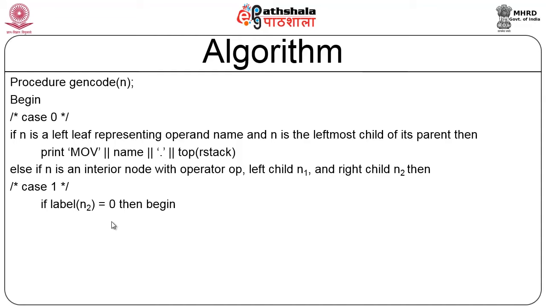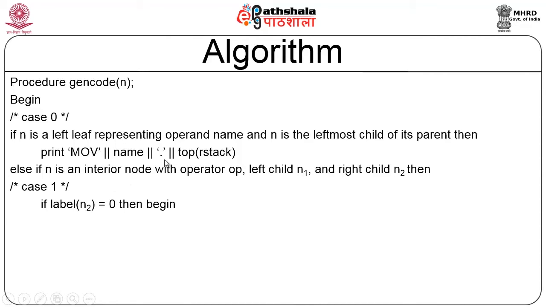We already assigned the labels to N1 and N2 such that if N1 is a left child and a leaf, you assign a value of 1, and if N2 is a right child, you assign a value of 0 if it is a leaf node. So that results in an interior node, the last but one interior node, being computed with just one register. That is the reason we go to case 1 on the label of N2.